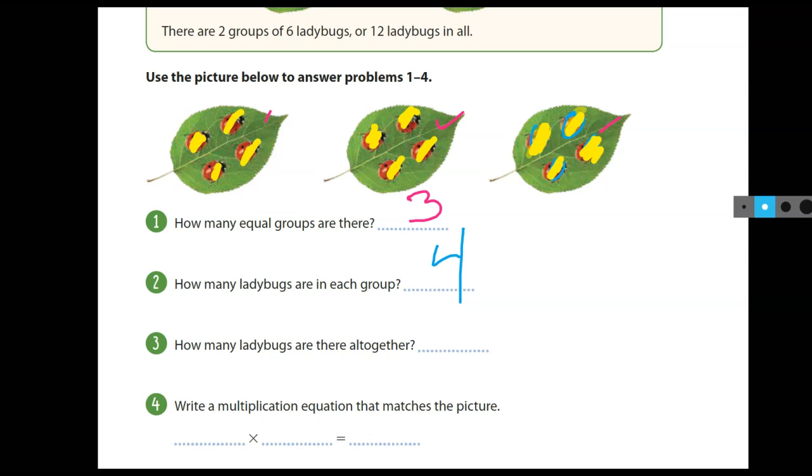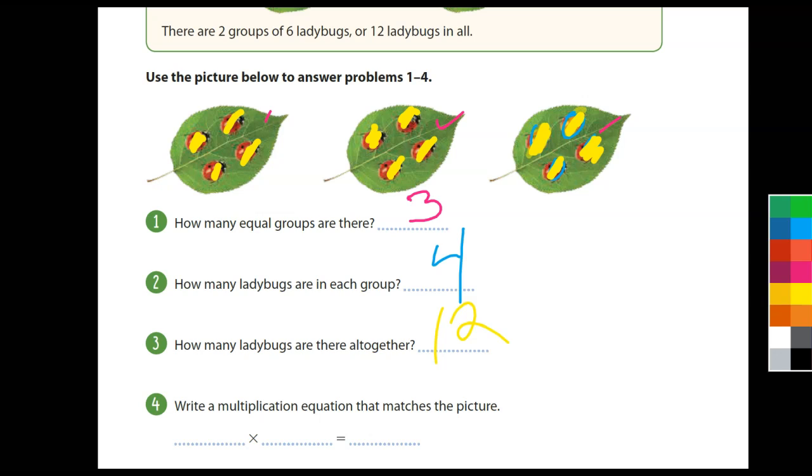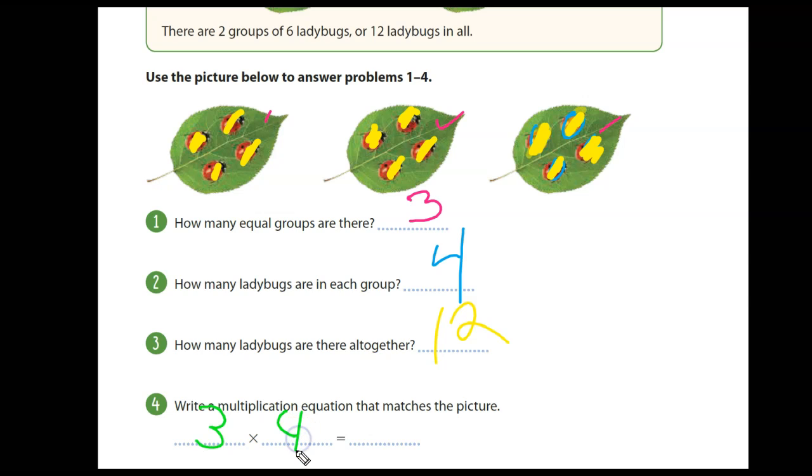You have 12. So what would be my multiplication sentence? 3 times 4 equals 12. I'm going to take the equal groups, which is 3, and how many ladybugs in each group, which is 4. So 3 times 4, and then the product, which is the answer, would be 12. That's it.